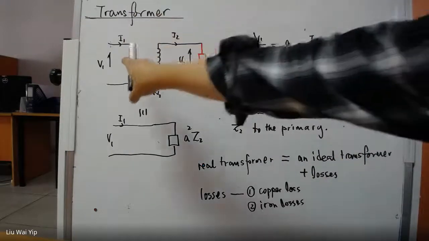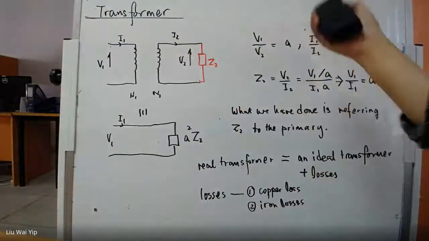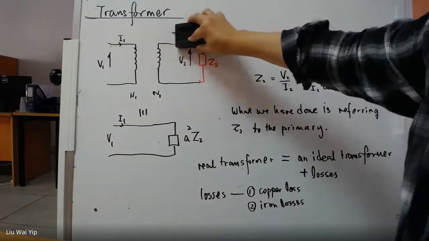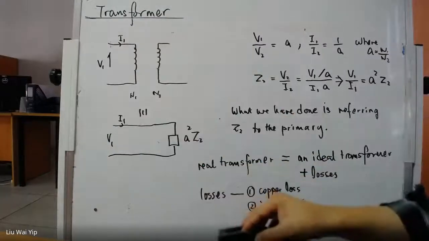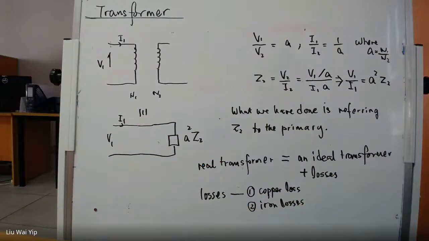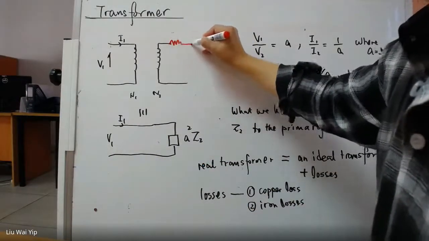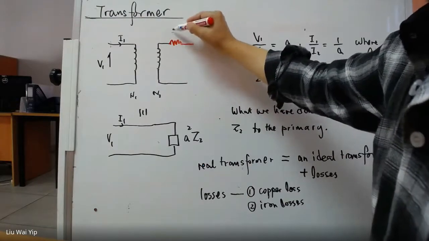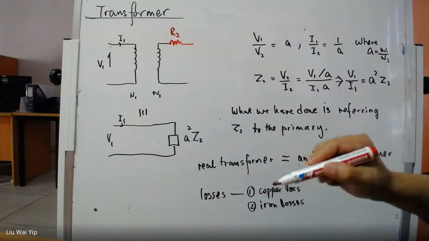So instead of writing a transformer here, what we can do is have an ideal transformer, but then do not forget that it has a copper loss. So this is R2.